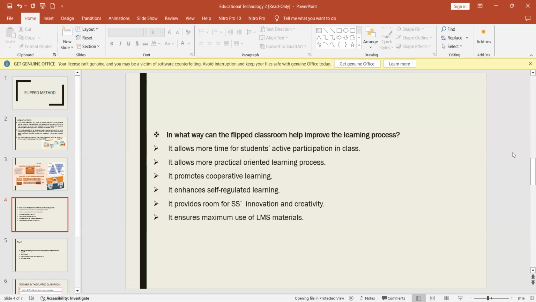So when you send them materials through technology, they are supposed to do it and come. And you just send them activities, and whether they do it or not, you're not going to ignore that. You can ask them, you have to do this activity and send it to me before the in-class activity. And you're supposed to collect them online and then mark them. If not, you can, based on the text, give them MCQs.